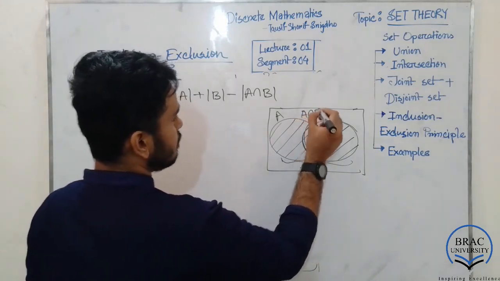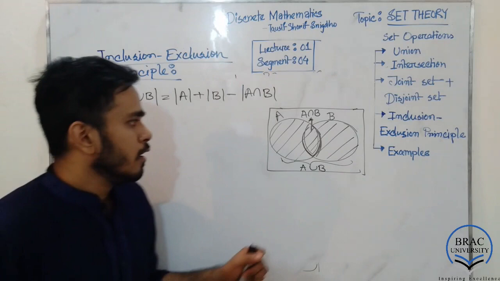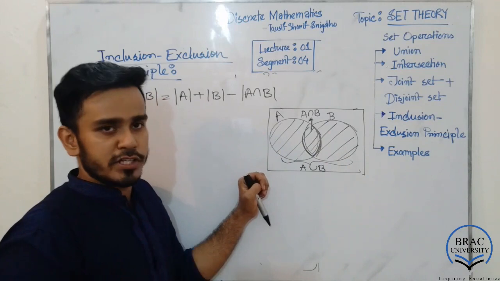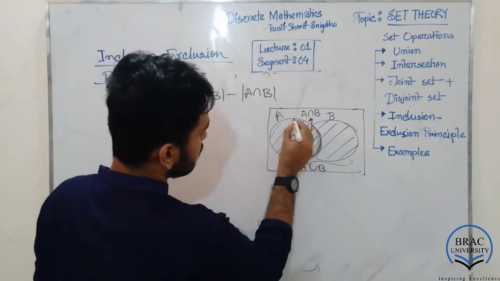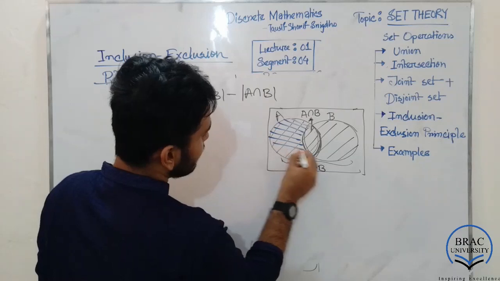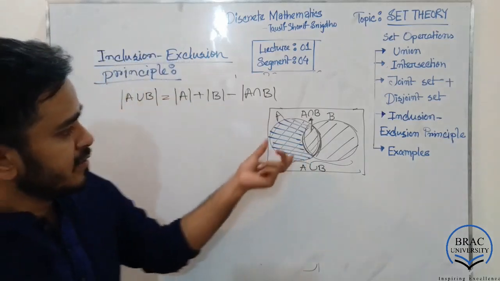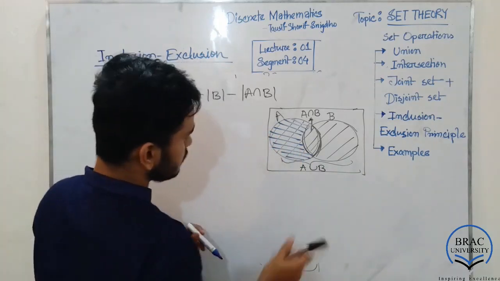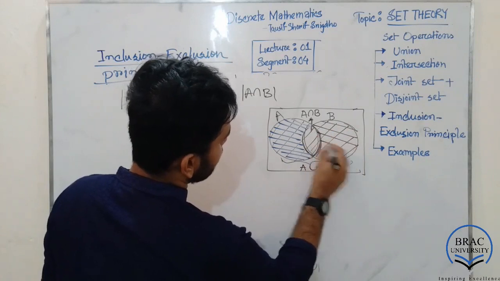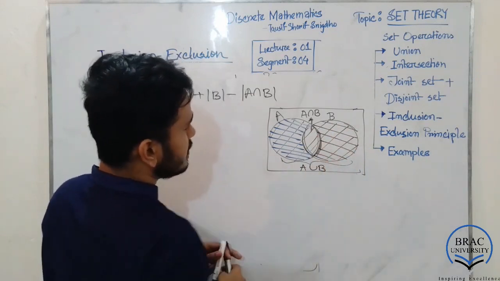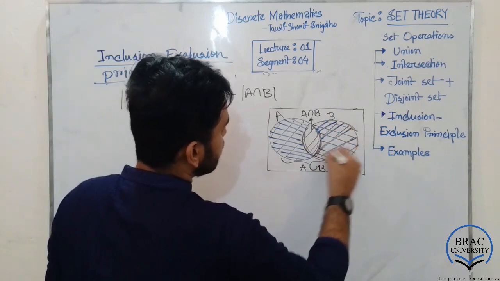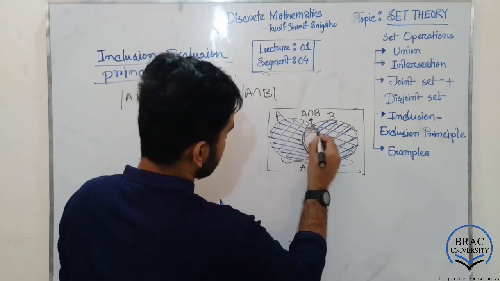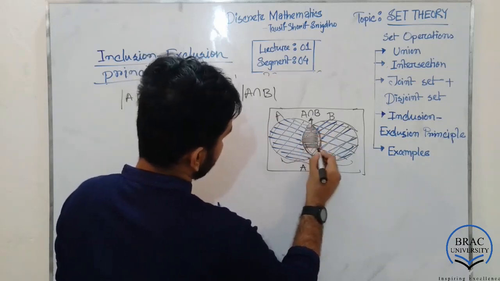Right? So, let's divide this shaded region into 3 subdivisions: this blue subregion, this other blue region, and the black region here.